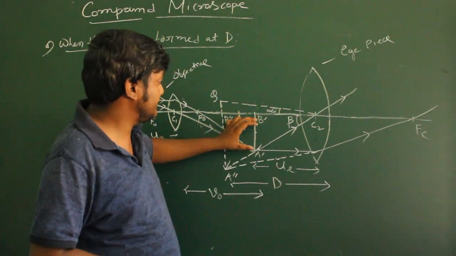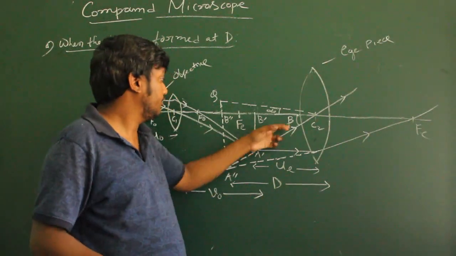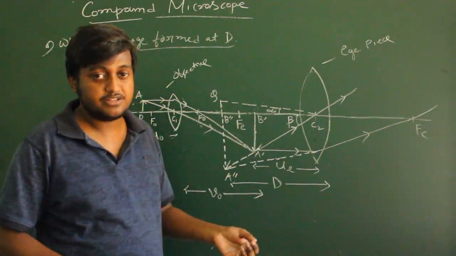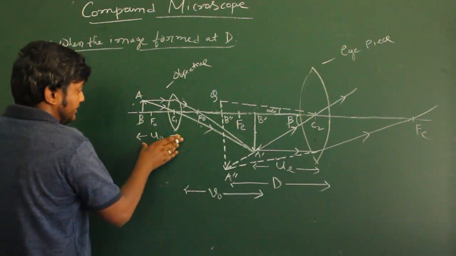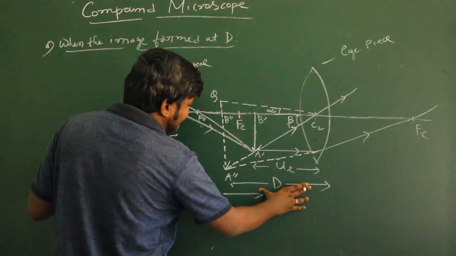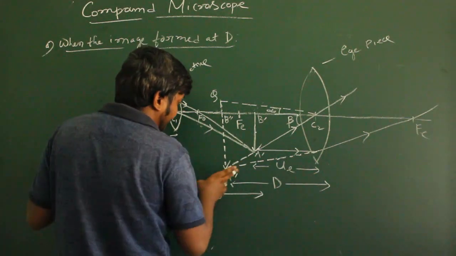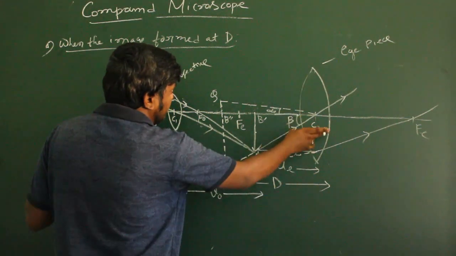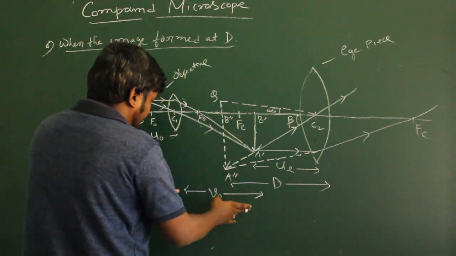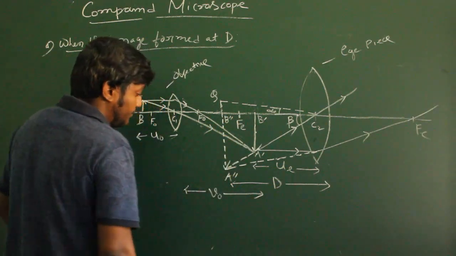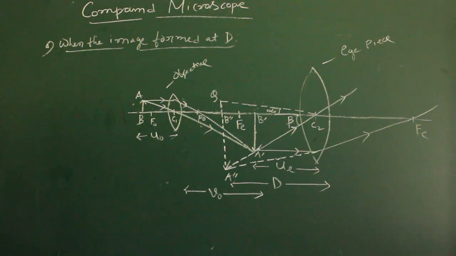So here A'B' is the object for the eyepiece and A''B'' is the image. Here U0 is the object distance of the objective, D is the image distance of the eyepiece, U is the object distance of the eyepiece lens, and V0 is the image distance of the objective lens.